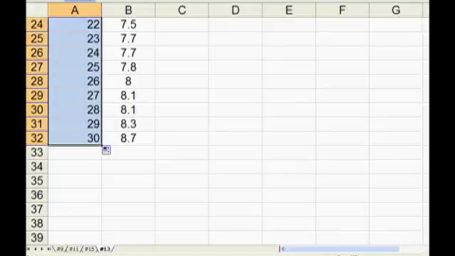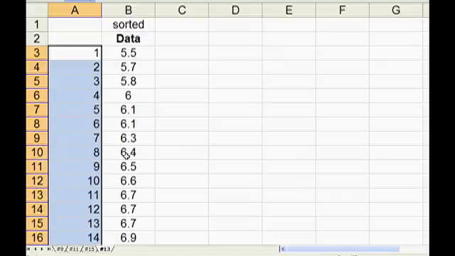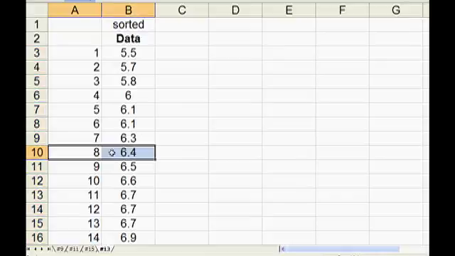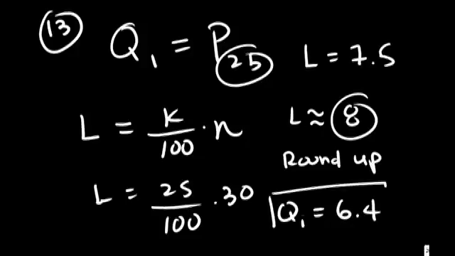So if we locate the 8th value in the sorted list, right here, the answer is 6.4. That is, Q1 is 6.4, the first quartile, also the 25th percentile.